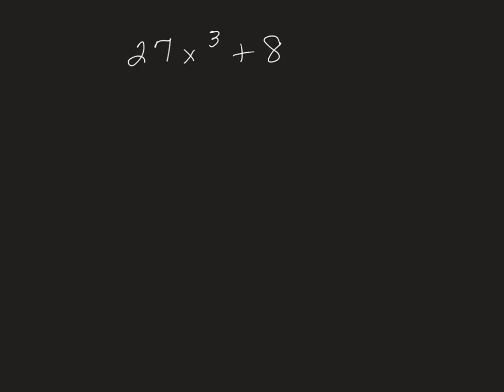I want you to try this one. Again, this whole piece is my A. This whole thing is my B. B is going to be 2. A is 3x.